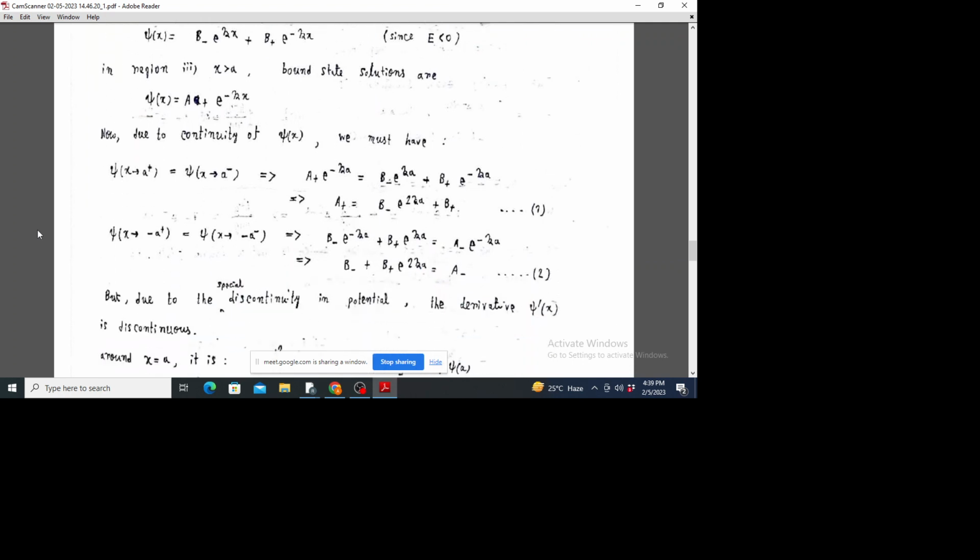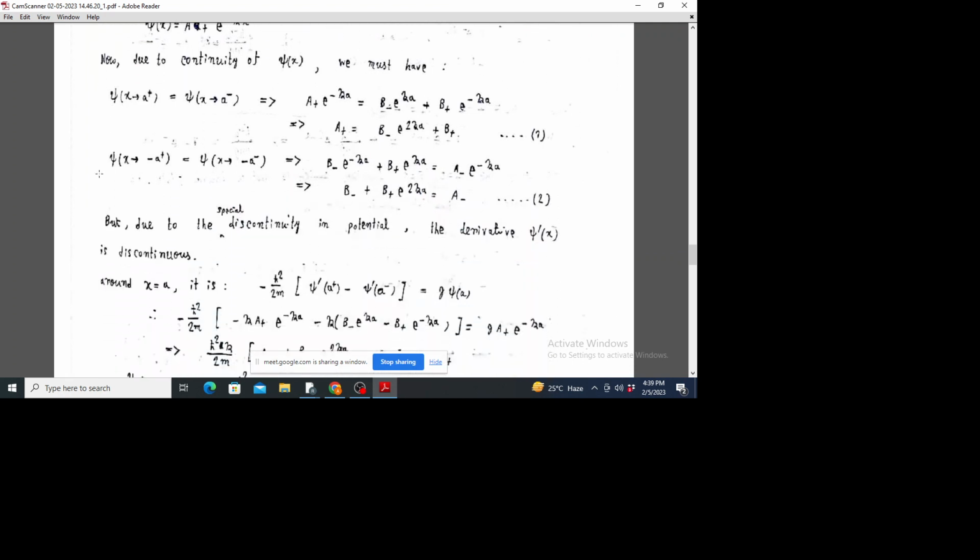Okay, so we have obtained the solution in 3 regions. Now let us use the continuity of psi x at the two boundaries. So one boundary is this one. This gives us this relation 1. I will not be discussing the mathematics very much because it is quite messy algebra.